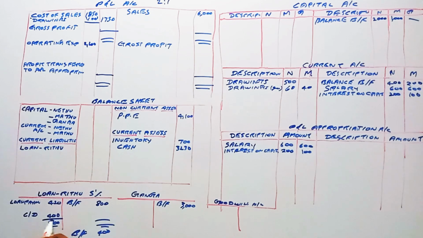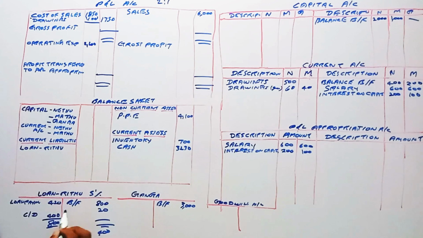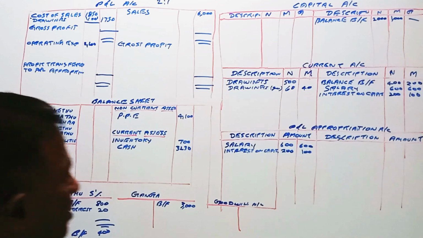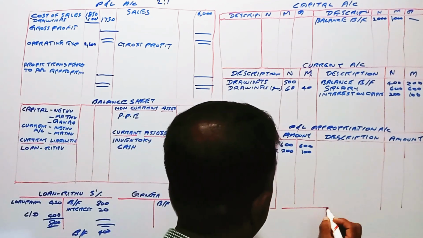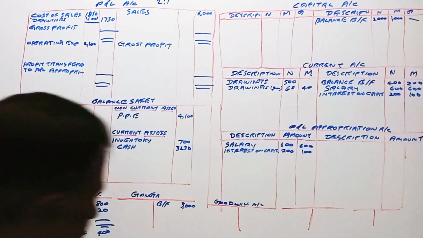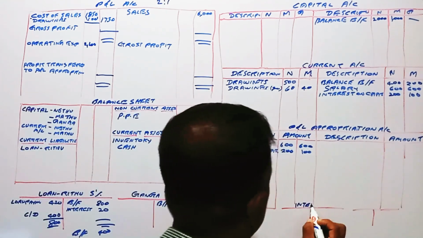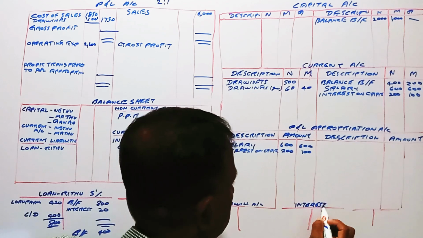Then the difference would be 20. The 20 has to be charged to the interest account. We have to open an interest account, interest payable, interest on loan.